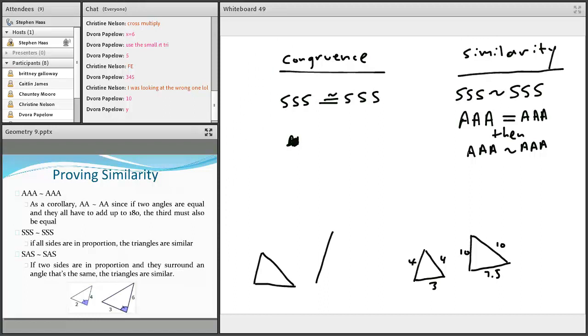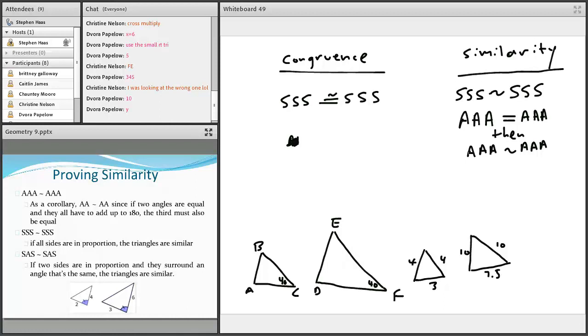So if I've got two triangles like this, let's say A, B, C, and D, E, F, and I tell you that angle F is 40 degrees and angle C is 40 degrees, do I know that these two triangles are similar at this point?